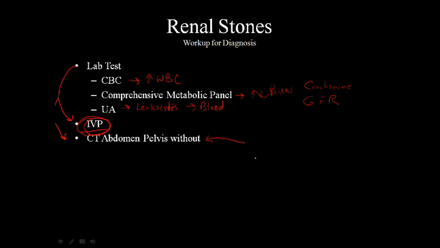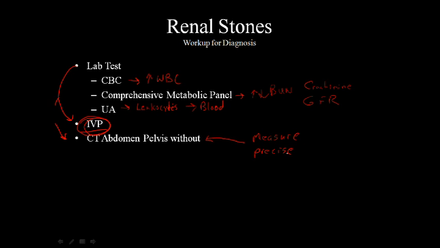And also, you have the capabilities to measure and define precise location. And so, due to the precision for CT abdomen pelvis without, we typically think that that is the best option here. So, typically you're going to go from lab test straight into an abdomen pelvis without.